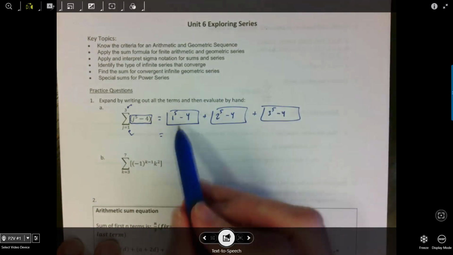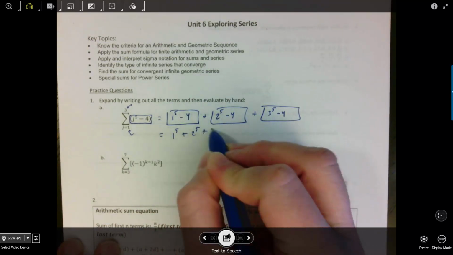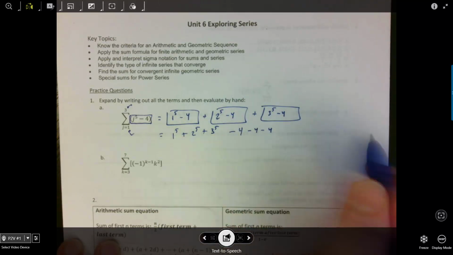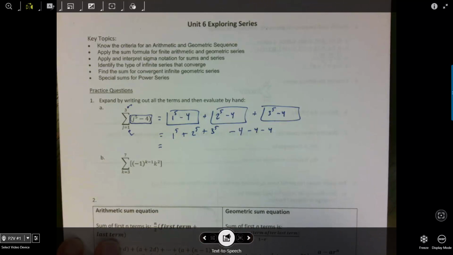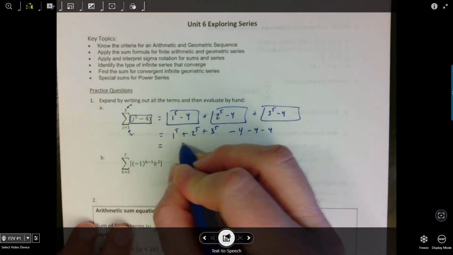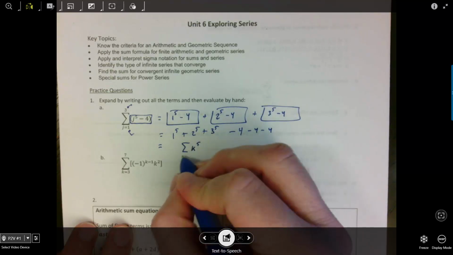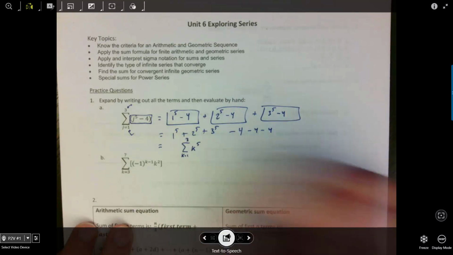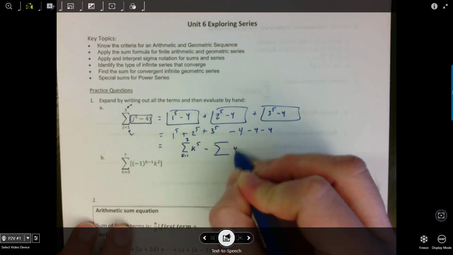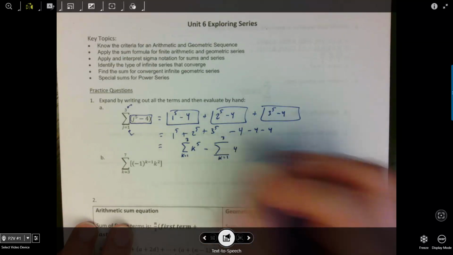If you wanted to, you could regroup these as 1 to the 5th plus 2 to the 5th plus 3 to the 5th. And then minus 4, minus 4, minus 4. Even though this isn't what the question is asking, you could rewrite these in terms of sigmas. So I could have sigma of k to the 5th as k ranges from 1 to 3 minus the sigma of 4 as k ranges from 1 to 3.